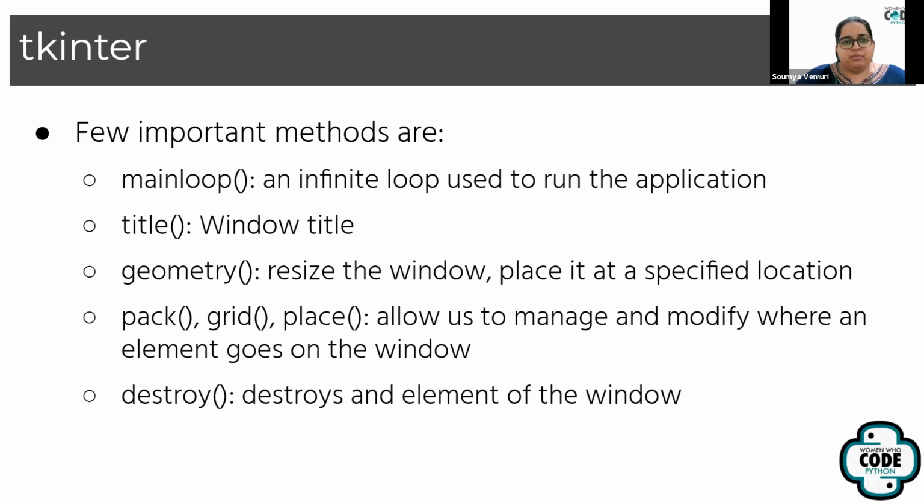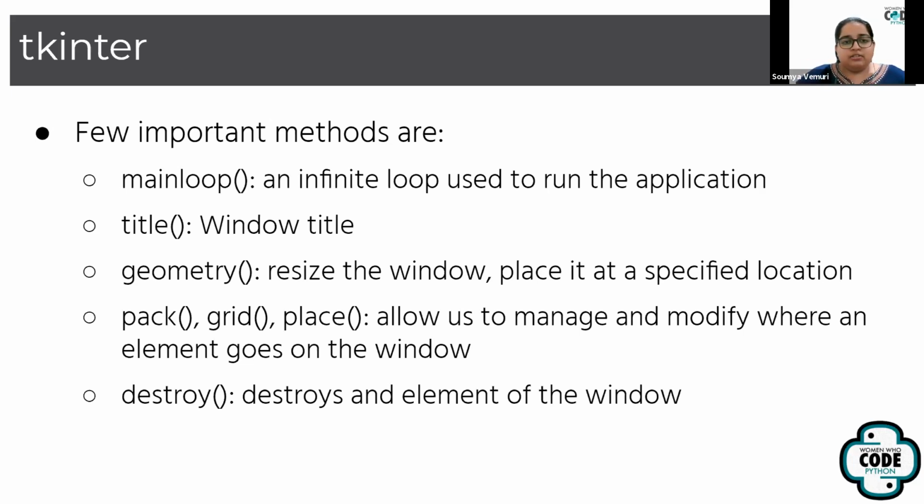There are a few important methods. We'll go through them a little quickly, and everything will make sense when we do the hands-on coding. We have mainloop, an infinite loop that's used to run the application. We add mainloop to our code, and it makes sure that the window is displayed until we want to close it.